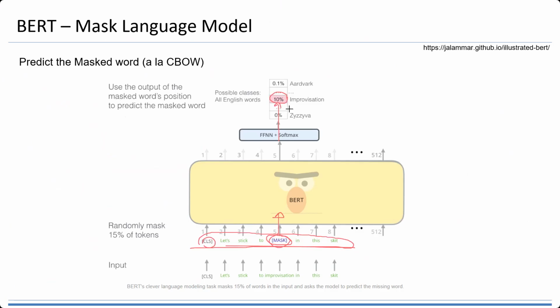What is the probability of this mask? So we call this the masked language model, because we want to predict the masked word. If you get 10% here, then it means this is the most possible word to be in this sentence.